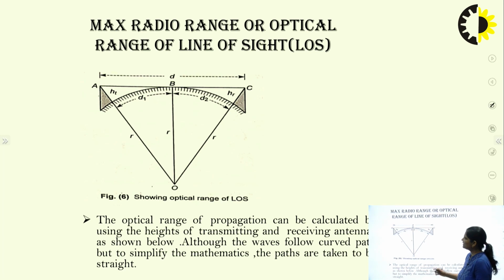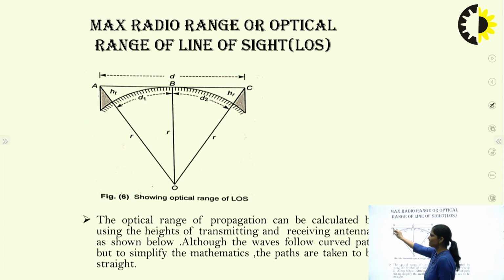Line of sight means this is your transmitter, this is your receiver, and you are sending your signal from transmitter to receiver. You can see the receiver point from the transmitter, and you can see the transmitting point from the receiver. So this is your line of sight.